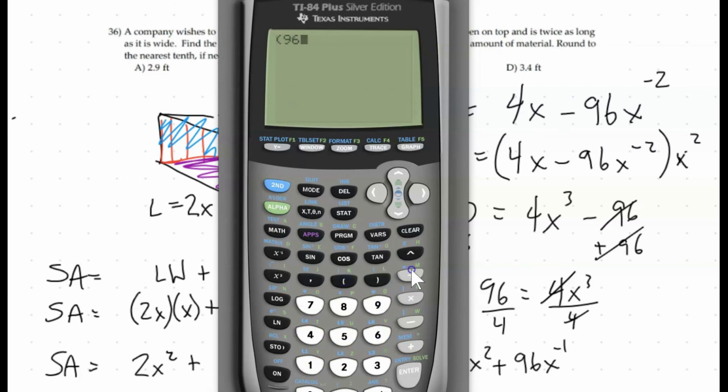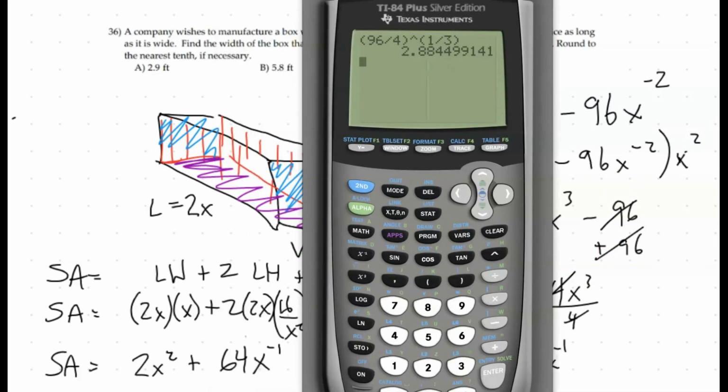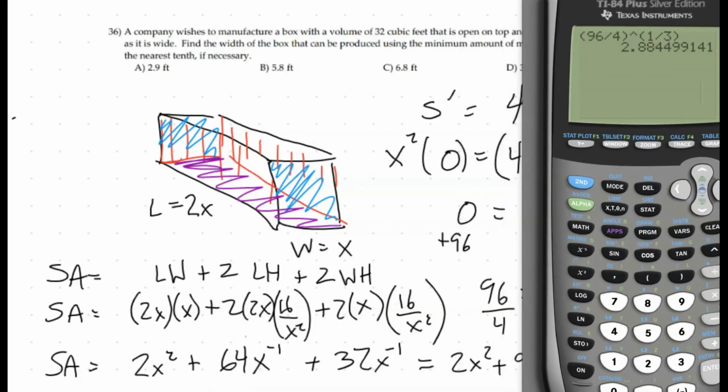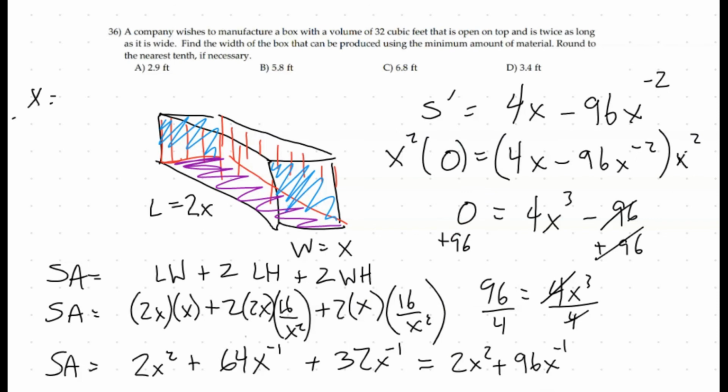So what I'll do is I'll put in 96 over 4 raised to the 1/3 power, which is the same thing as doing a cube root. Enter. So this becomes 2.88. And so that is the x. So we have x equals 2.88.